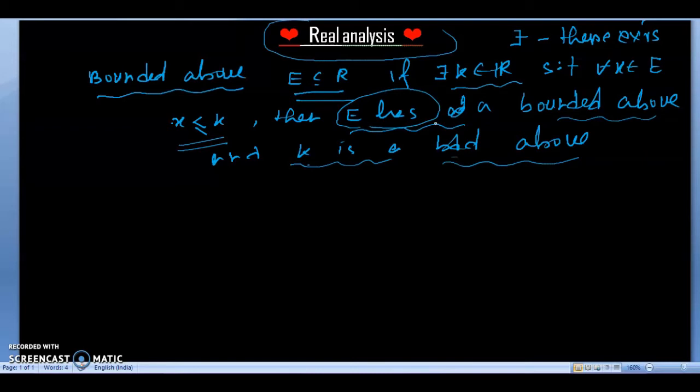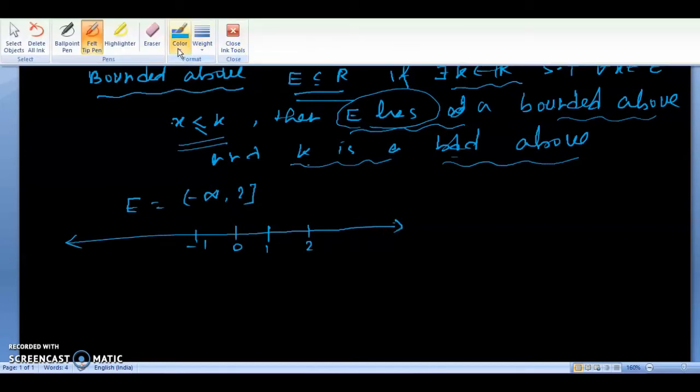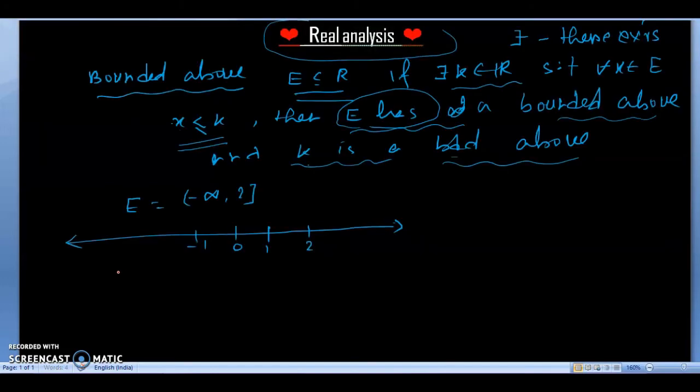So let's try with an example. Let E be the set from minus infinity to 2. Let's draw a number line: 0, minus infinity, and so on, 1, 2. So the set E is all the numbers on this portion.